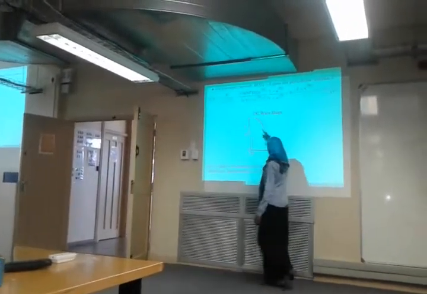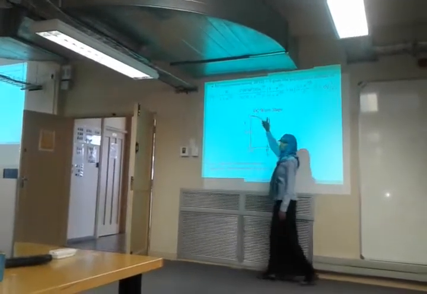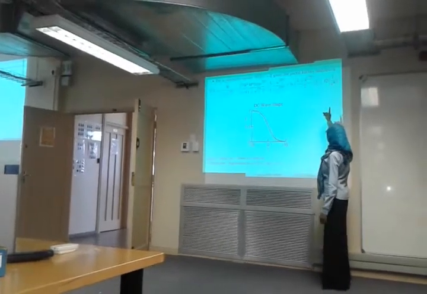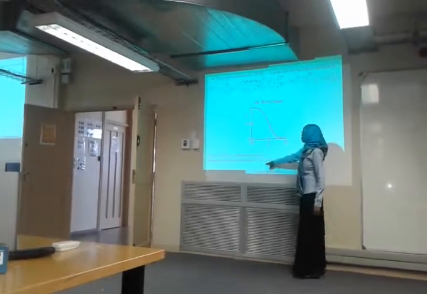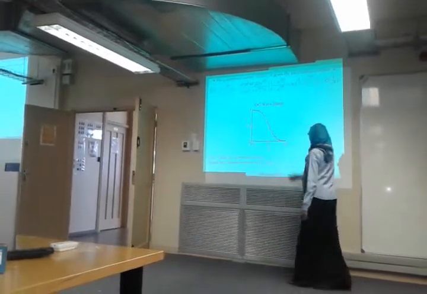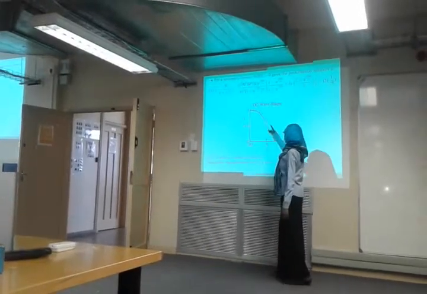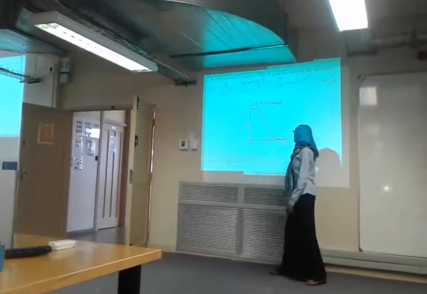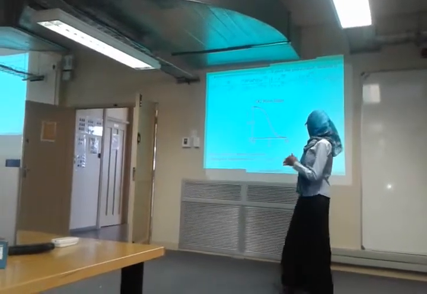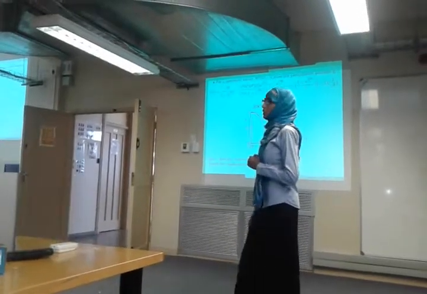We just drew the leading term, because the first solution for the non-symmetric kernel is up to order 1 over c, but for the symmetric kernel it goes up to order 1 over c to the power 4. So just the leading term is shown here. And with c equal to 2, it gives us a good shape. If c gets bigger than 2, we will get an approximation better than this.